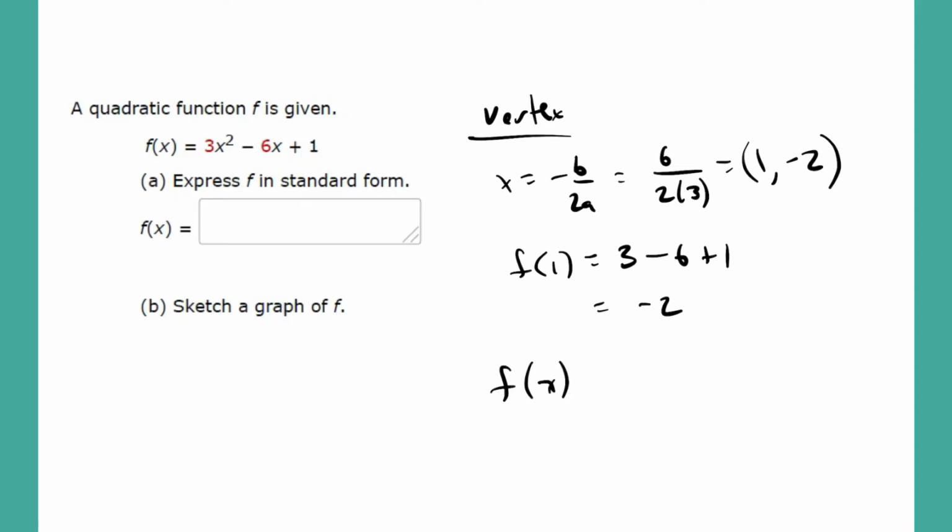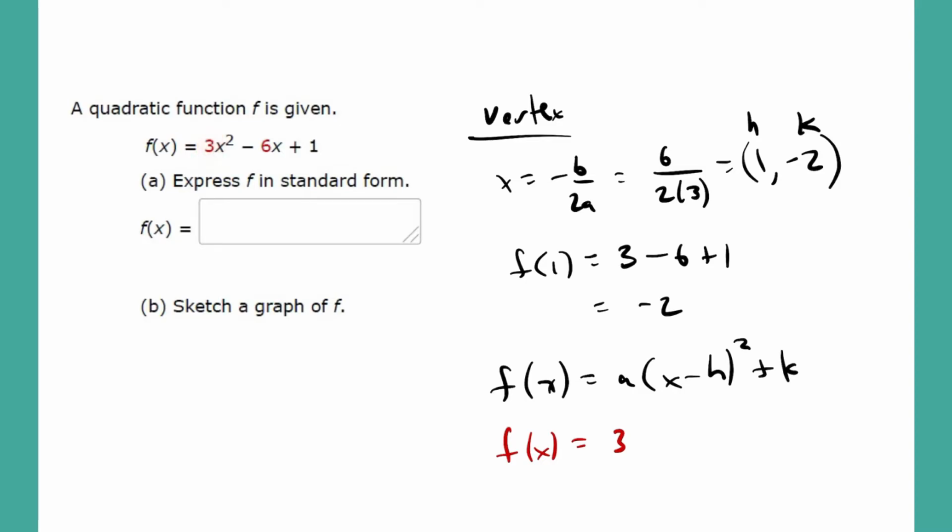All right, so that would be that. And then we remember, we know what a is. It's the same a as this a. It's 3. So a times x minus h squared plus k. This is our h, and this is our k. So our final function will look like this.